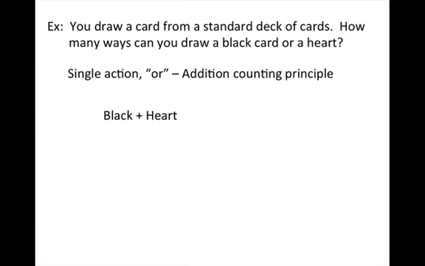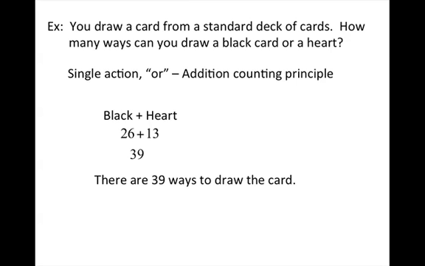I find the number of ways to draw a black card, and I add that to the number of ways to draw a heart. In a deck of cards, there are 26 black cards, and there are 13 hearts. If I add these, I get 39. So there's 39 ways to draw a black card or a heart.